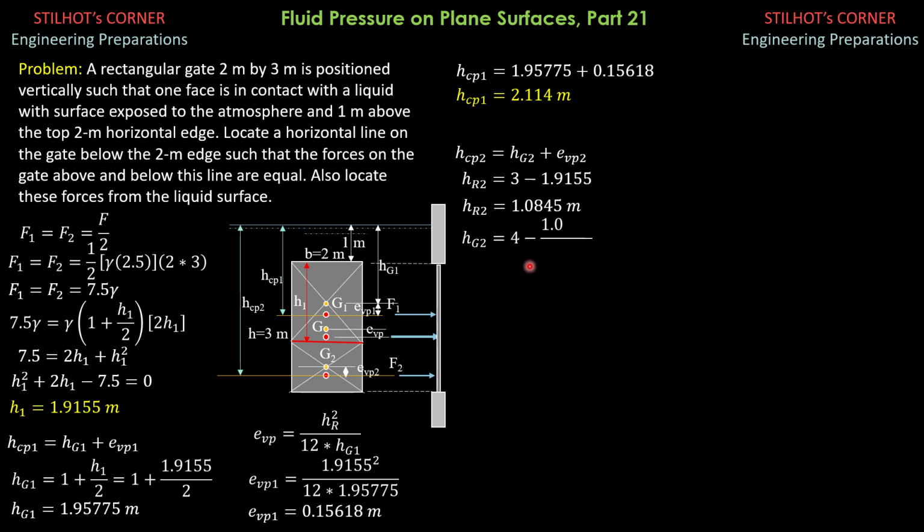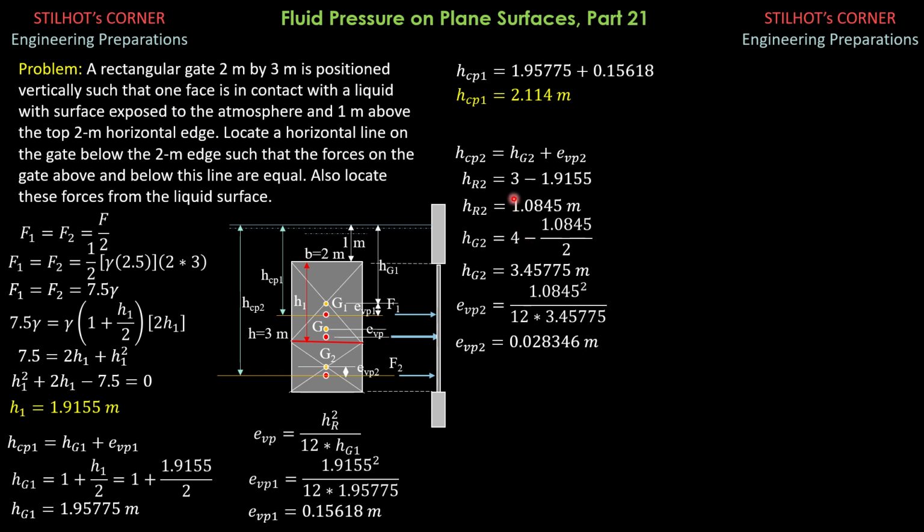So that is 4 minus 1 half of 1.0845. So Hg2 is 3.45775 meters. EVP2 is equal to 1.0845 square divided by 12 times 3.45775, and that is equal to 0.028346 meters.